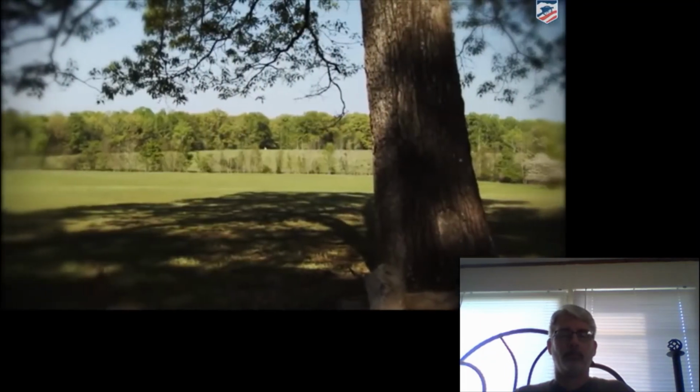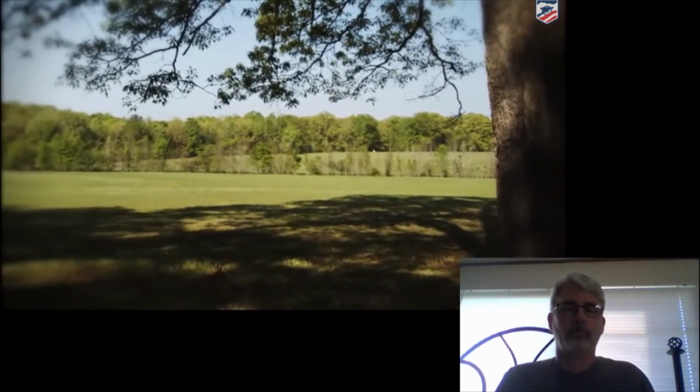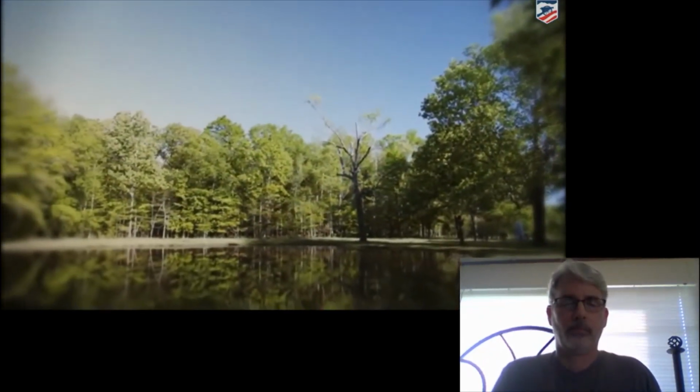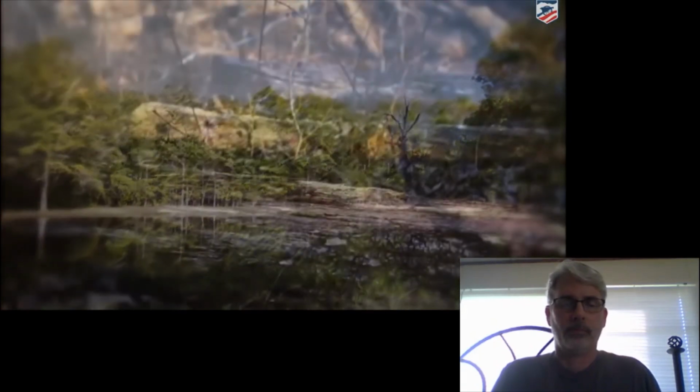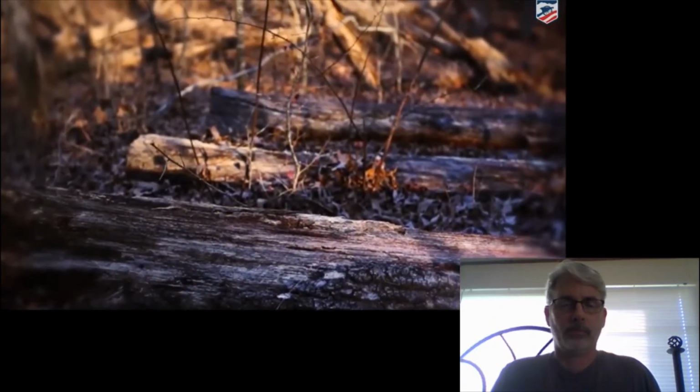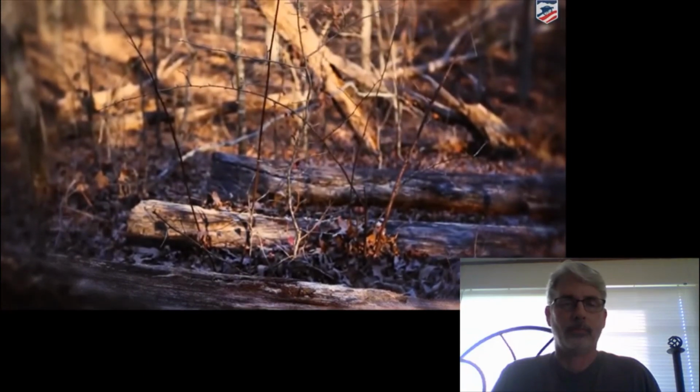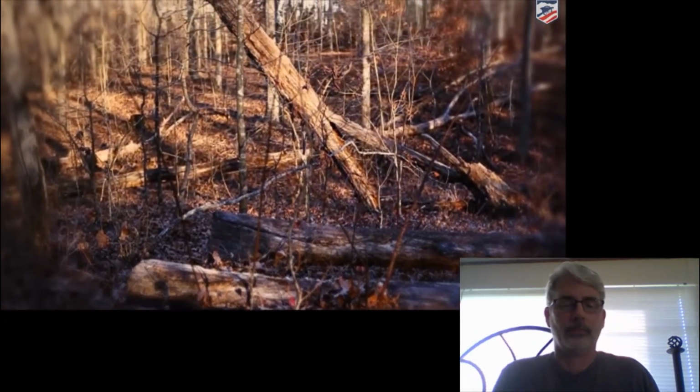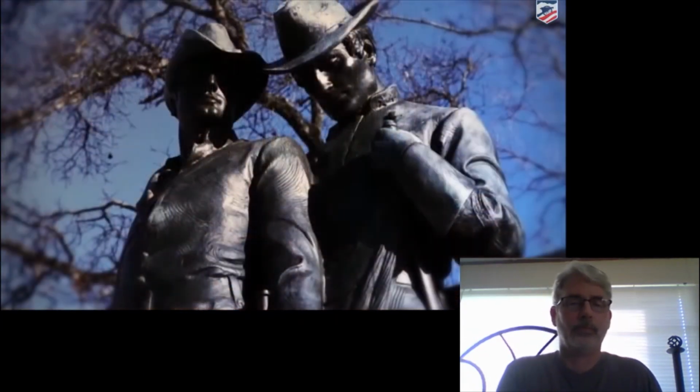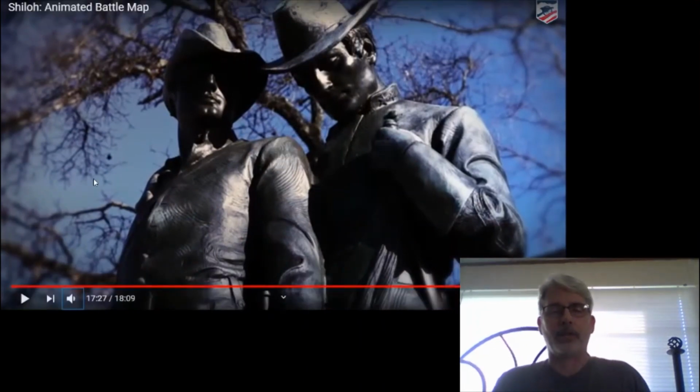The battlefield is quiet now, though a new fight is ongoing against the foes of time and progress. Nearly 4,000 acres of land have been preserved, most recently the site of the Fallen Timbers action. If you ever have a chance to visit down in that area south of Savannah, Tennessee, it's well worth your visit to visit the Shiloh battlefield site.